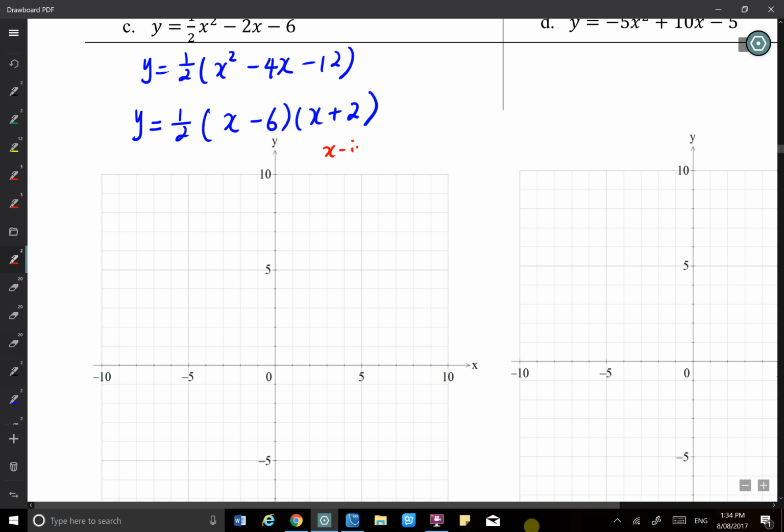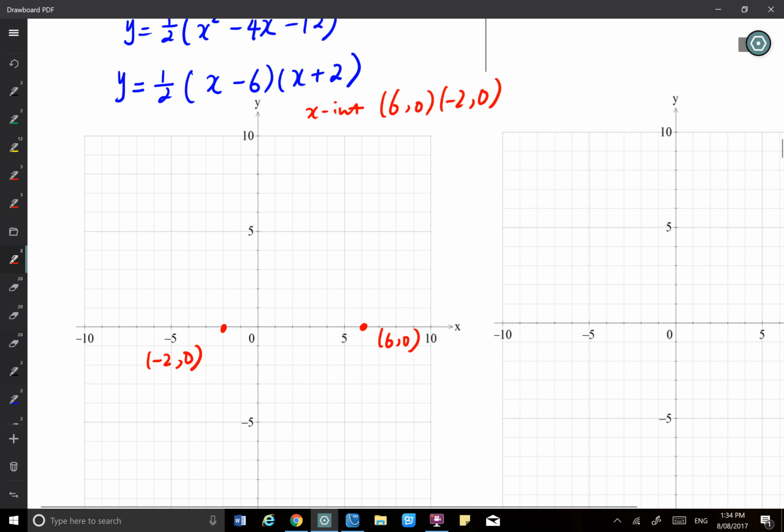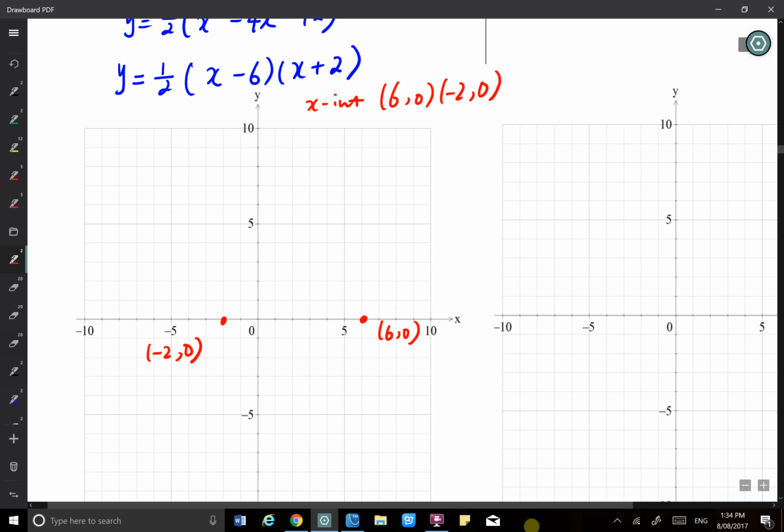I will have x-intercepts at (6, 0) and (minus 2, 0). And you have the y-intercept at (0, negative 6).